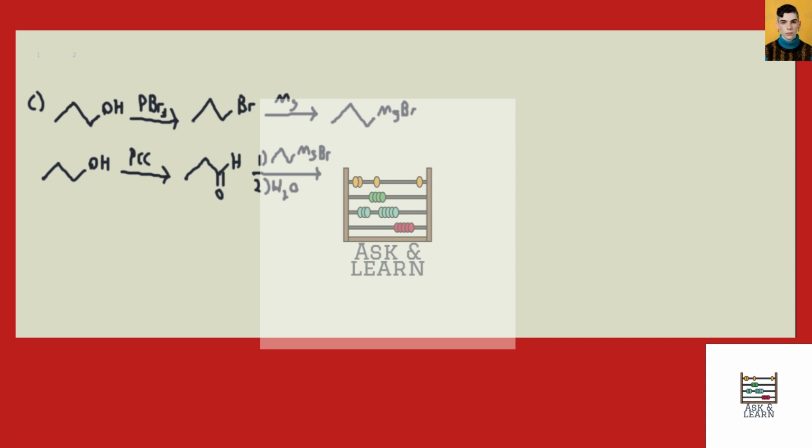And so now, after this series of reactions, we have 1, 2, 3, 4, 5, 6. We have this 6-carbon chain with an alcohol right here. And we need to oxidize this. So again, PCC.